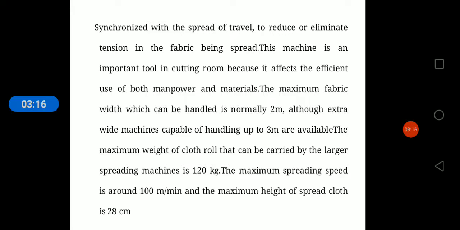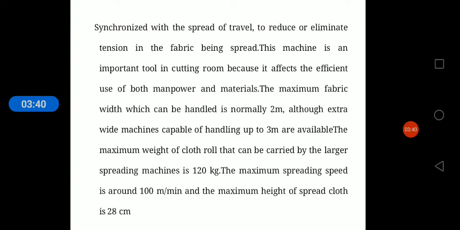This machine is an important tool in the cutting room because it affects the efficient use of both manpower and material. The maximum fabric width which can be handled is normally 2 meters, although extra wide machines capable of handling up to 3 meters are available.